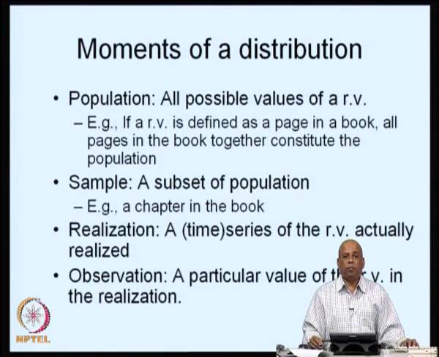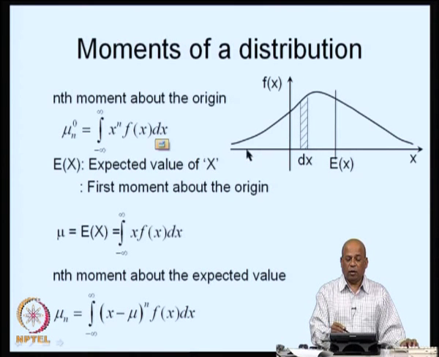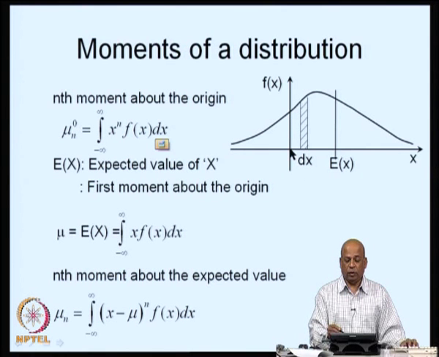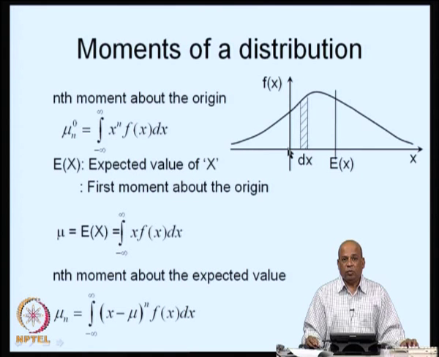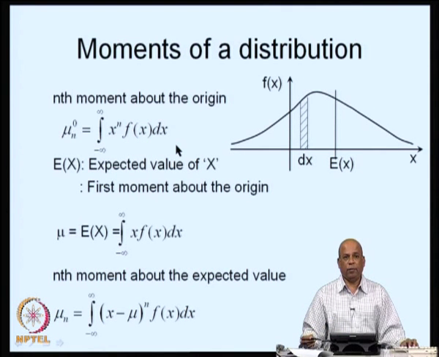Now, with this we introduce the concept of moments of a distribution. This is much similar to the moments that we talk about in mechanics. Let us say you have the distribution f of x here, and this is the origin 0. We define the nth moment about the origin, denoted as mu n prime, as the integral from minus infinity to plus infinity of x to the power n into f of x dx, where f of x is the PDF.